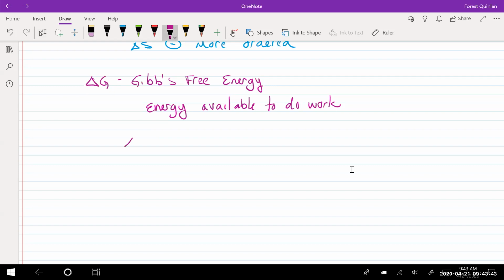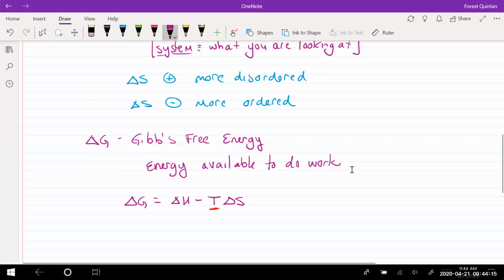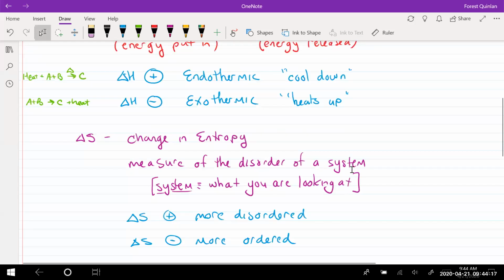And it is that the delta G is equal to delta H minus T delta S. So you have a temperature coming in here, and that temperature will actually start messing with, either in a positive way or a negative way, depending on your point of view, how much work we can get out of this system. Now, it should be noted that when we talk about enthalpies, we talk about it being endothermic or exothermic, heating up or cooling down.